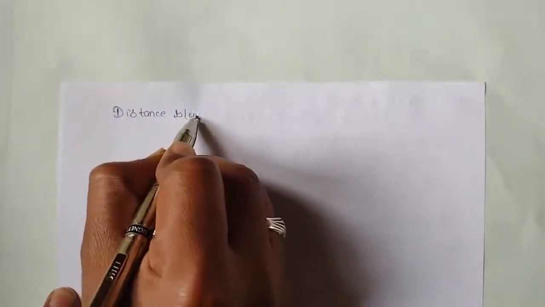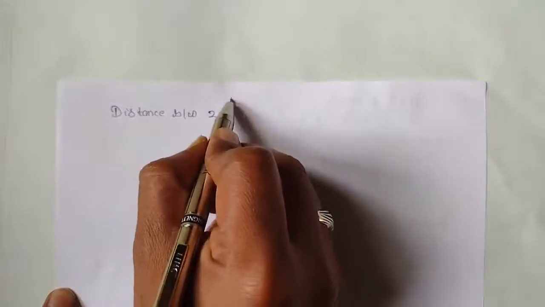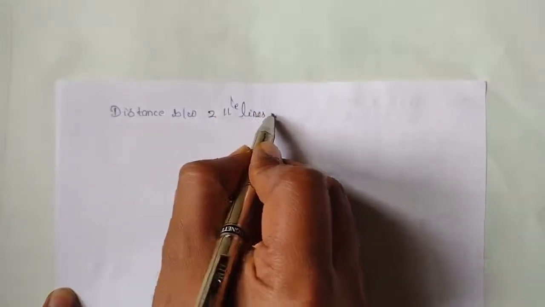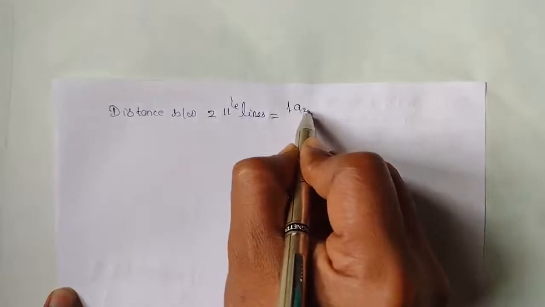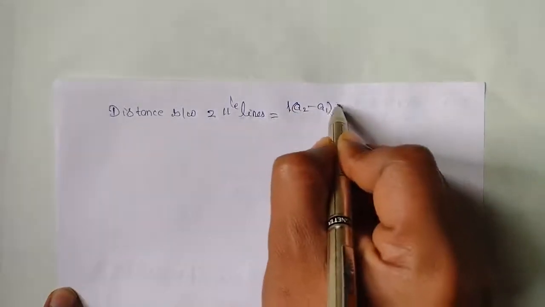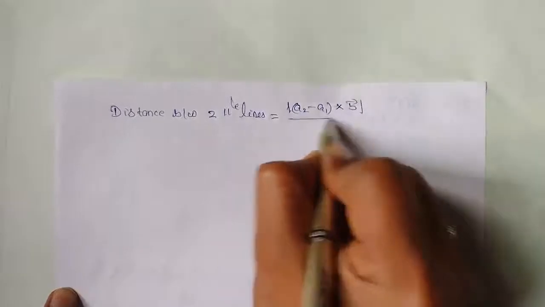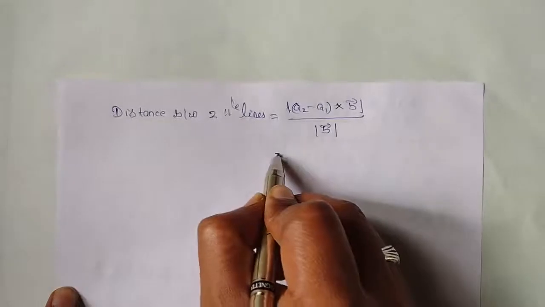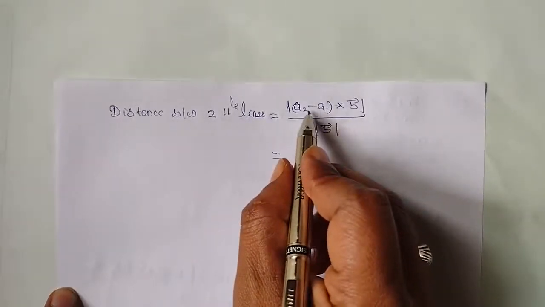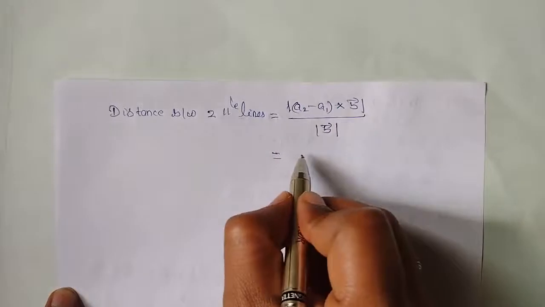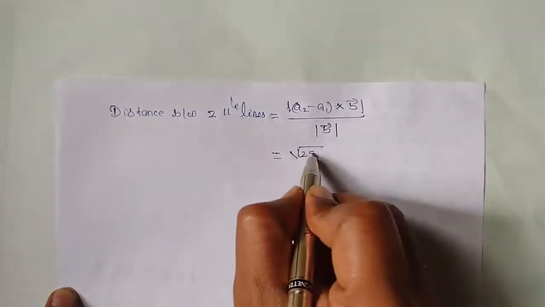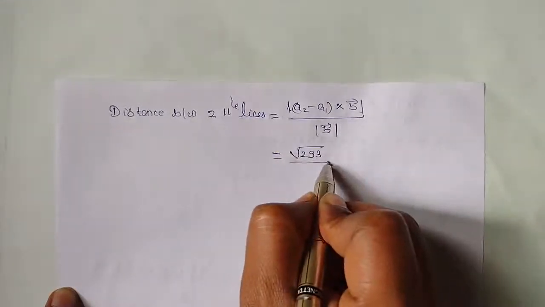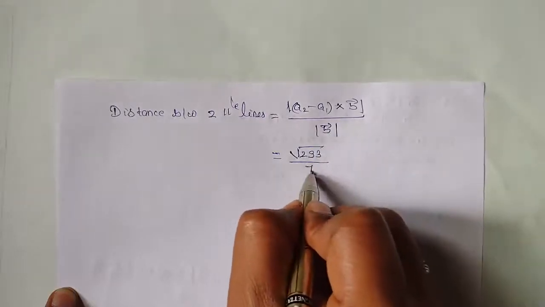Distance between two parallel lines is equal to magnitude of (a2 minus a1) cross b vector whole divided by magnitude of b vector, which is equal to square root of 293 divided by magnitude of b vector, which is 7.